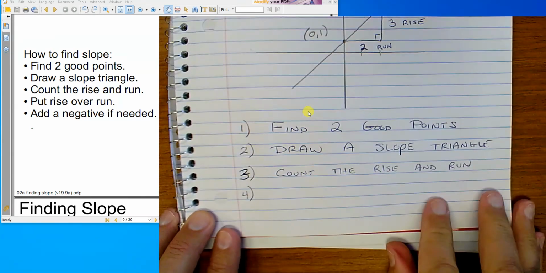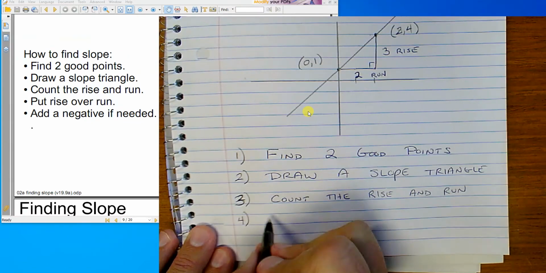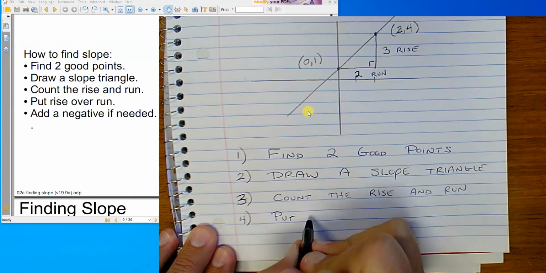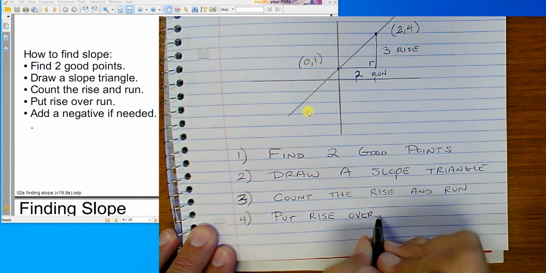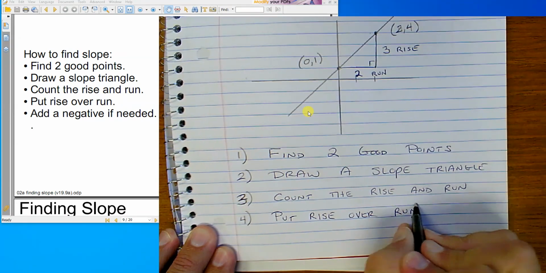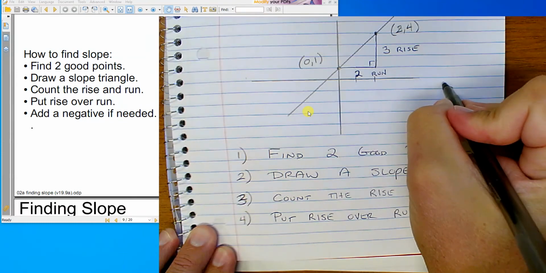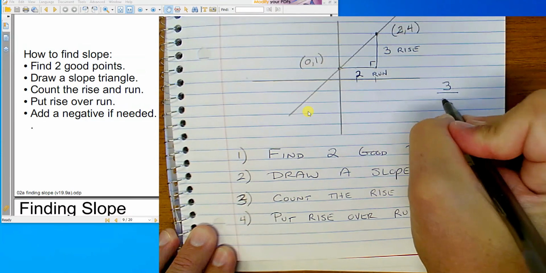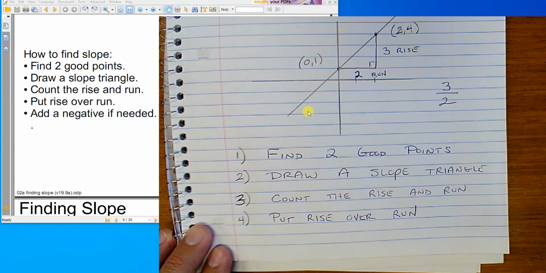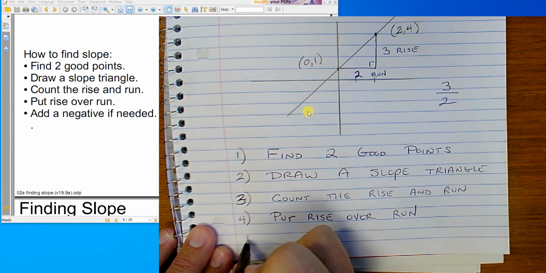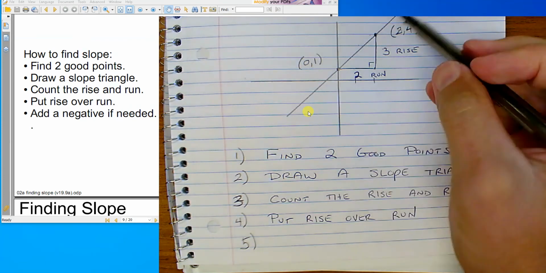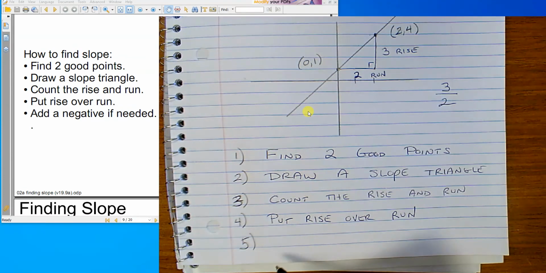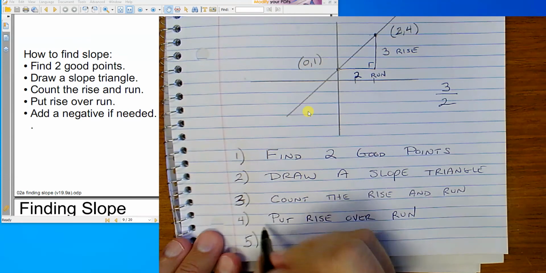Step 4, put the rise over the run. Rise is 3, and the run is 2. The last step is if it's a negative line, which this is not, but if it were negative, I would have to add a negative.